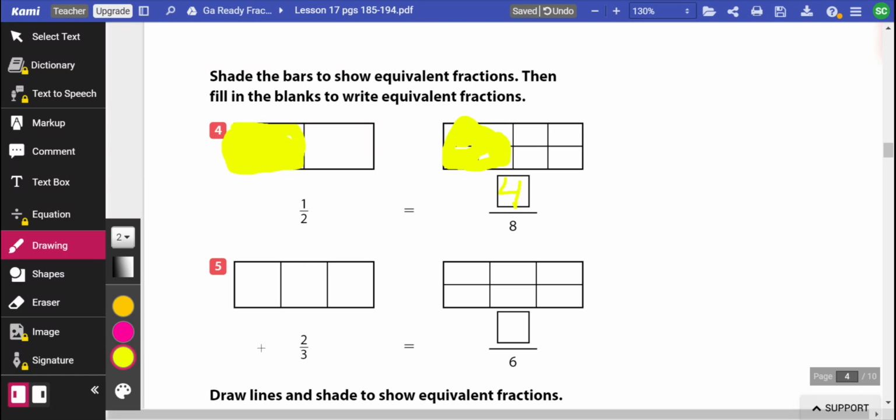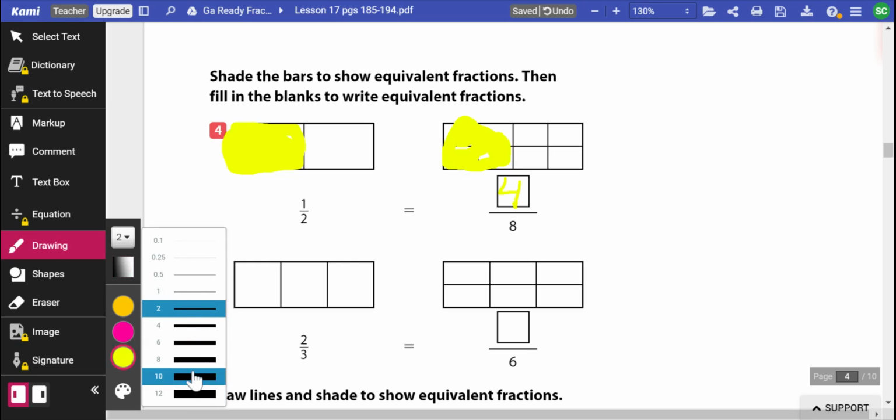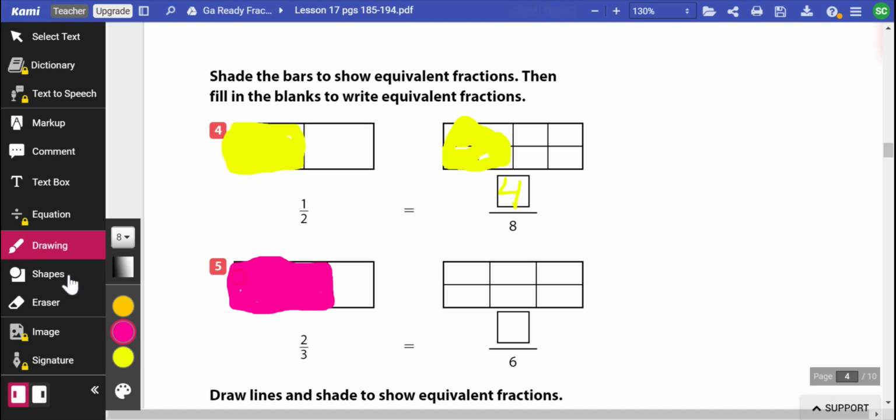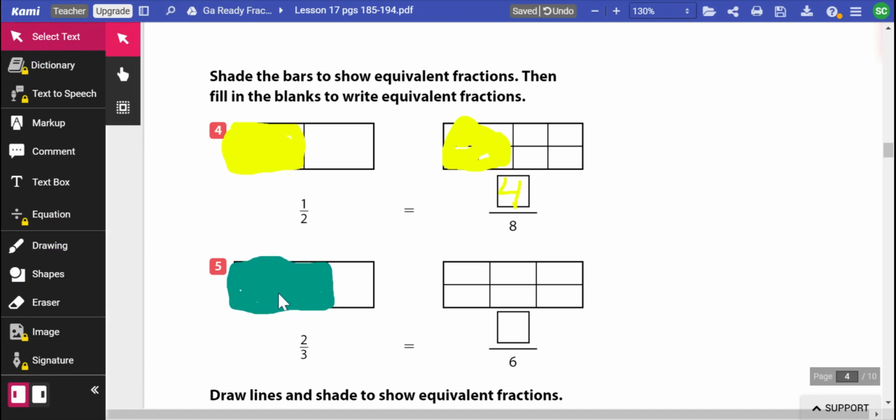For question number 5, we're going to start off with 2/3. So I'm going to make this thicker. Well, let's do pink. I love pink. Sorry, I'm going out of the lines a little bit. There we go. Now let's select that and see how many sixths that is equal to.